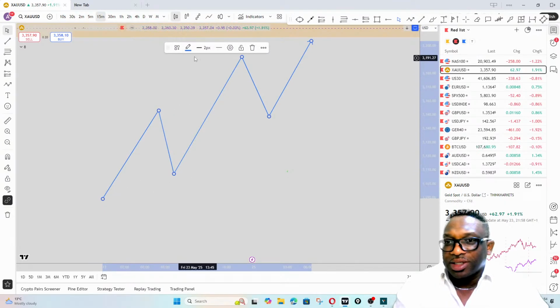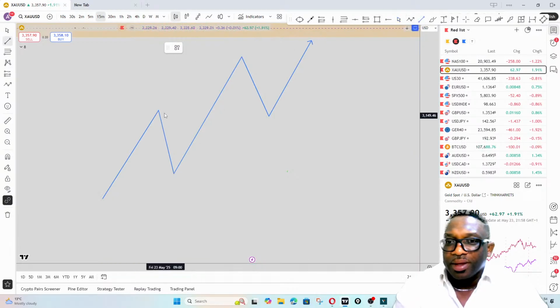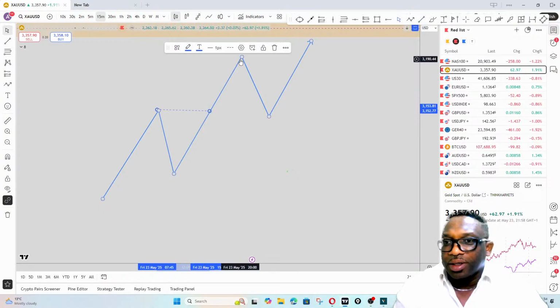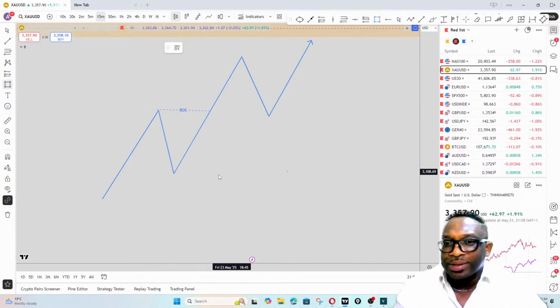So over here is just an illustration. We have here a break of structure, so all you have to do is trace back to find the last candle where this impulse move originated from. All you have to do is take the high of that last candle to the low of it.